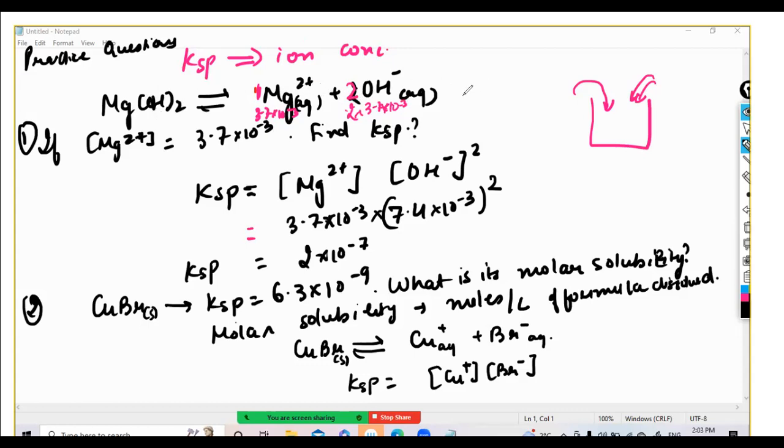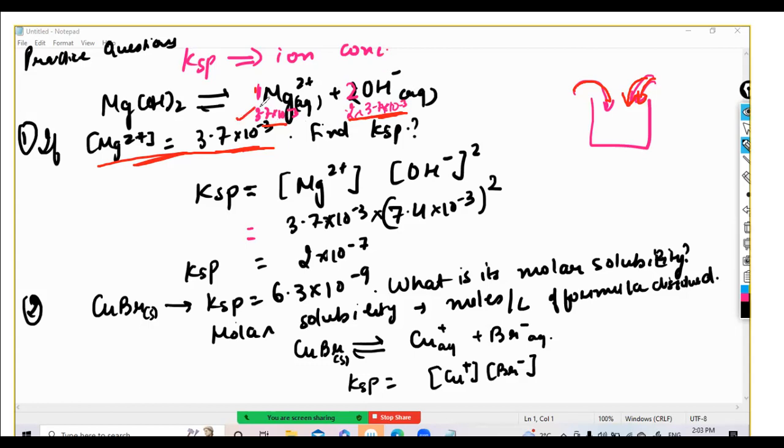So what is given here is the Mg ion concentration, which is 3.7. In this solution, if Mg is 1, then hydroxide is twice. If this is 1, this is 2. If this is 3.7, it is 2 times 3.7, right? This is how we can make use of the stoichiometric coefficients to find the concentration of the unknown, which is the hydroxide ion here.